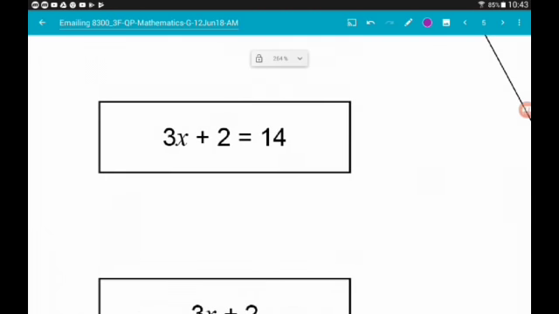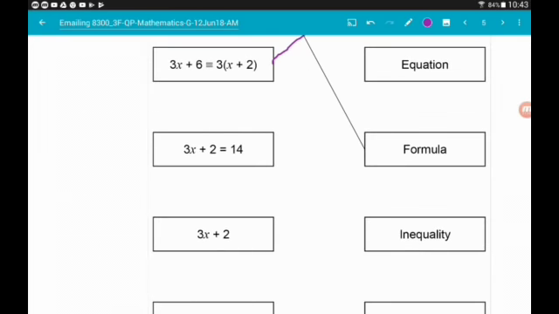Okay, 3x add 2 is equal to 14. We've only got one letter. We've all solved things like this 1,000 times. This is an equation. The equal sign with only one letter involved makes it an equation.